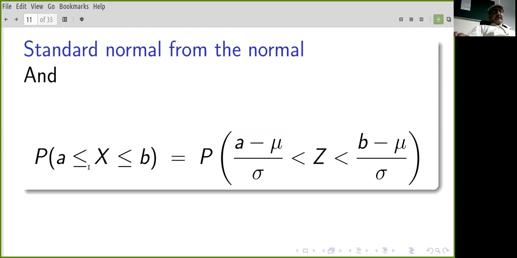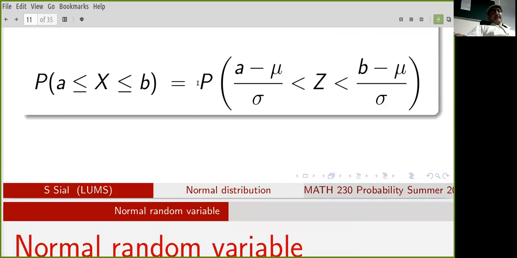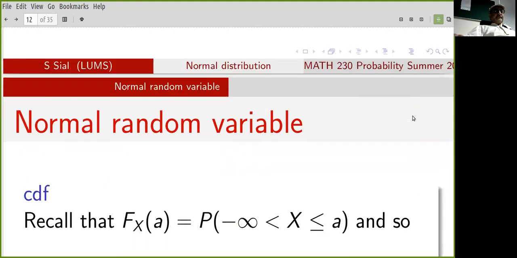So the probability of A less than or equal to X less than or equal to B is the probability of A minus mu over sigma less than X minus mu over sigma, which turns it into the standard normal random variable, which is less than or equal to B minus mu over sigma. So now there are tables available, which will help us do the calculation for the right-hand side.